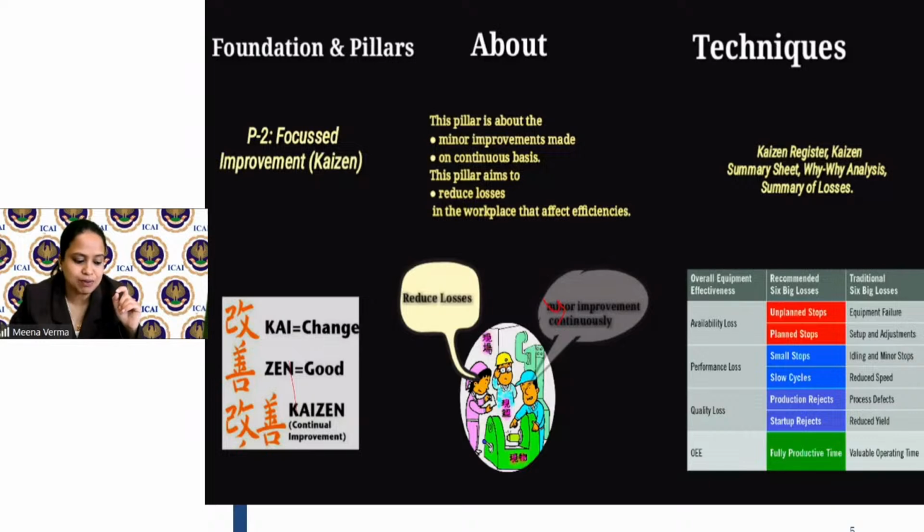So this entire pillar is focused on implementing Kaizen costing also, right? Kaizen is also important here. Continuously improving the organization is also important here, right?